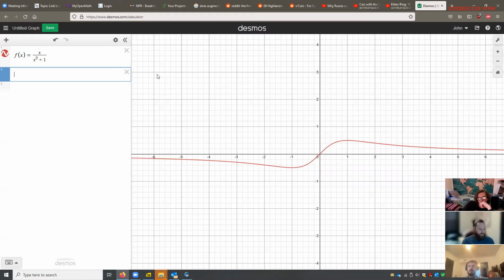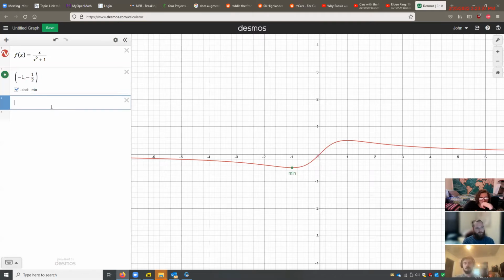And if you plot the points of interest, we had -1, comma, -1/2. Right there, there's your local min. Turns out to also be an absolute min. 1, comma, +1/2. There's your local max. Turns out to also be an absolute max.